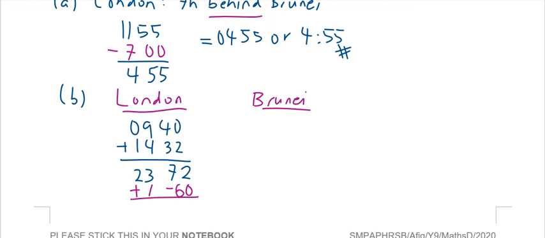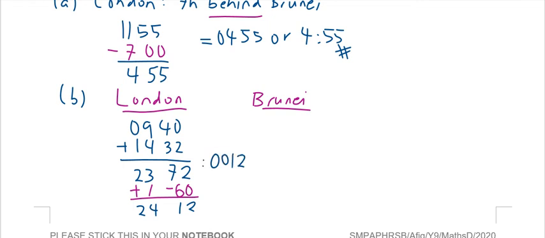Your answer will be 2412. 2412 doesn't exist, because after 23 comes 24, which is not the real time. The actual time will be 0012, which is 12 a.m.